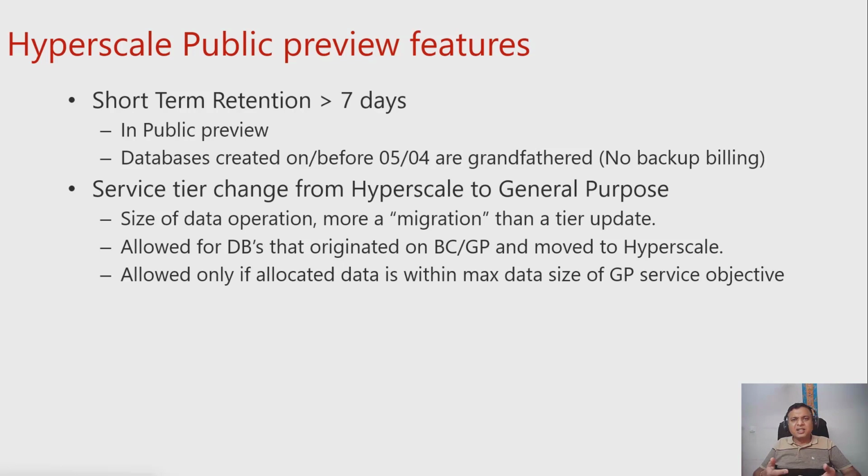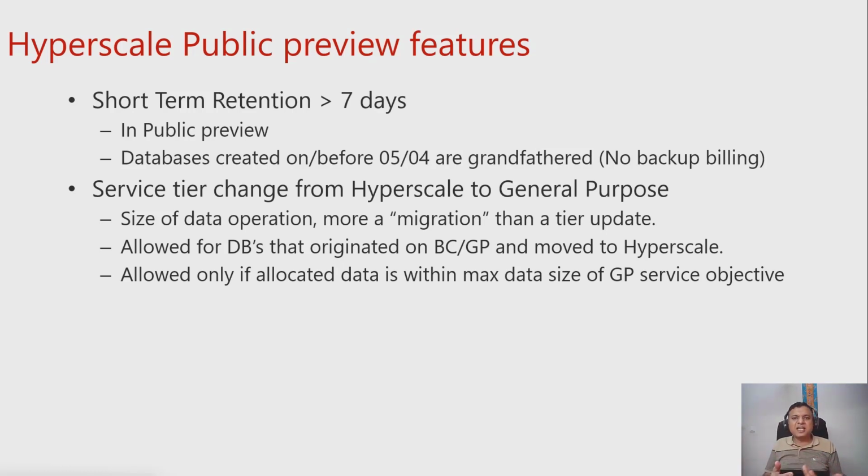It is typically a movement of data between two different architectures altogether. You can imagine that you have a database in business critical tier, having a different architecture. When you perform the migration or conversion of this database tier from business critical or general purpose to hyperscale, we have to create a new set of page servers. So it is a size of data operation.